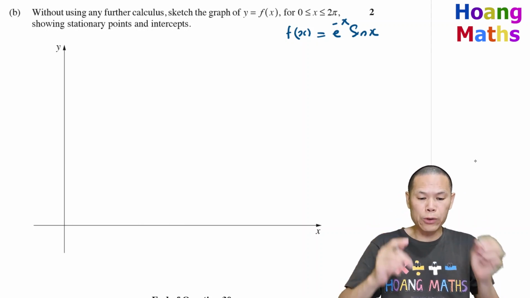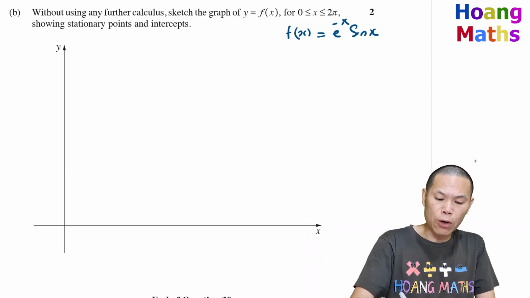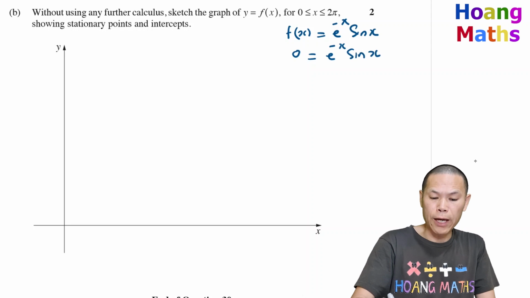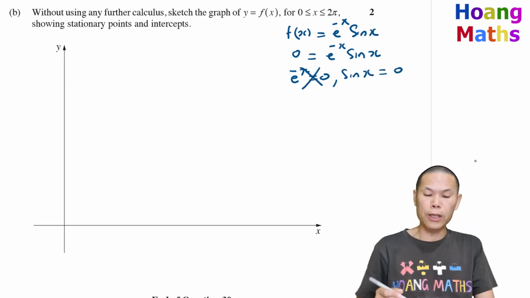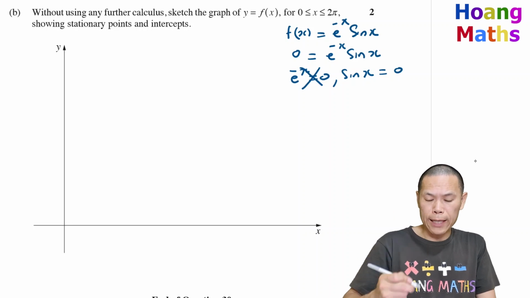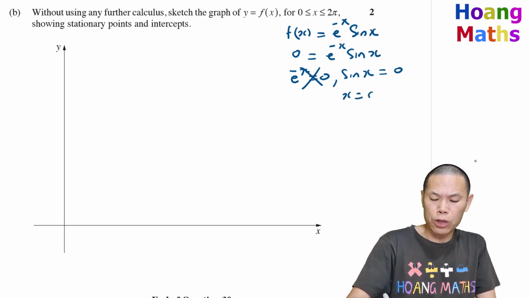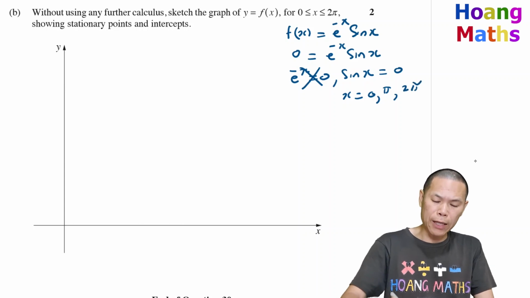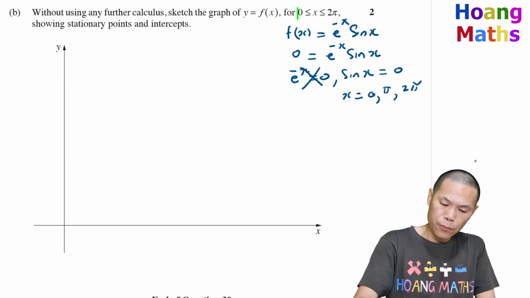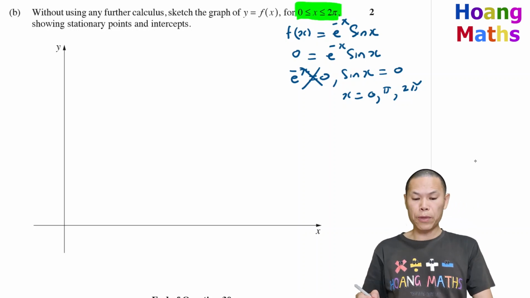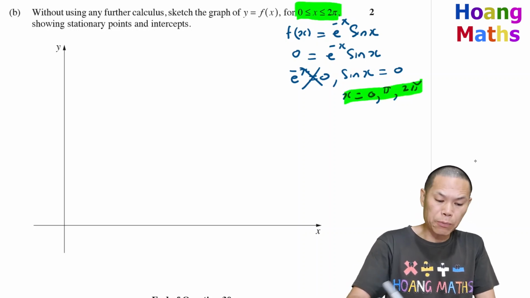So when f of x is 0, that means 0 equals e to the negative x sine of x. This means e to the negative x is 0 or sine of x is 0. There is no solution for e to the negative x being 0. So when sine x equals 0, x must be 0, pi, 2 pi, and so on. But we only draw within this domain, so we just stop there. These are the x-intercepts.